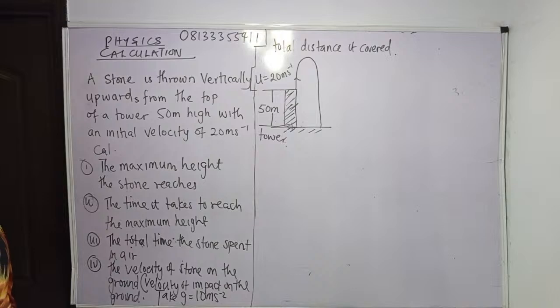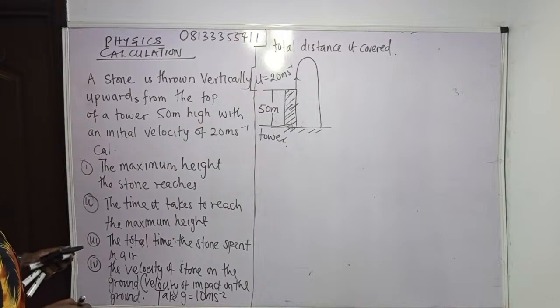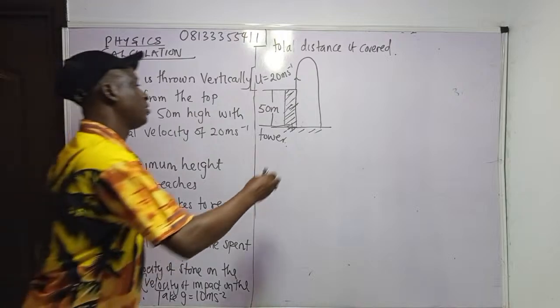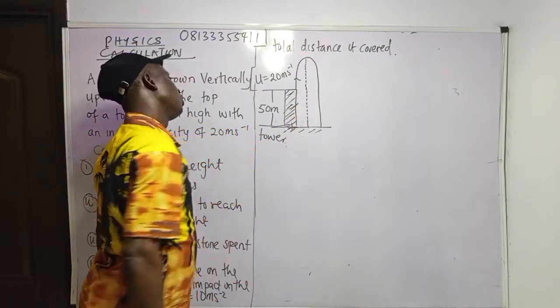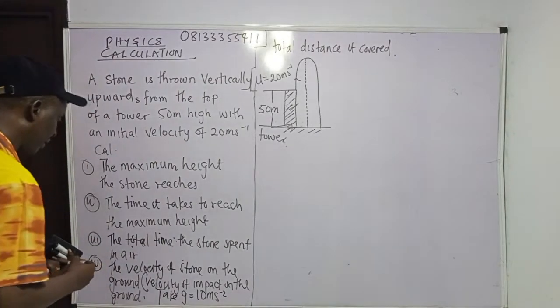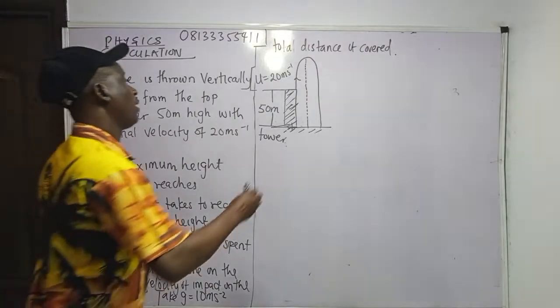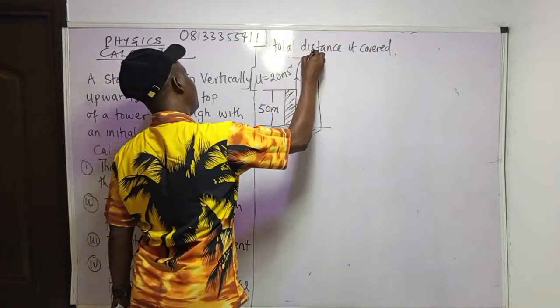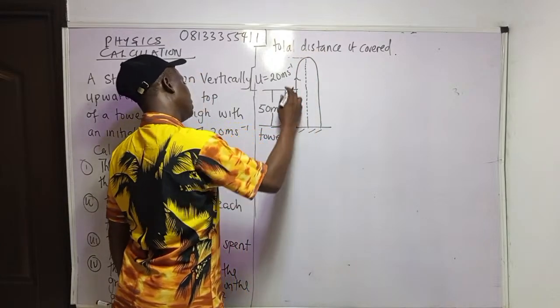The maximum height the stone reached. That is the first question. Normally that is measured from the ground. So first I will calculate the height from here to this place, and then add it to the 50.